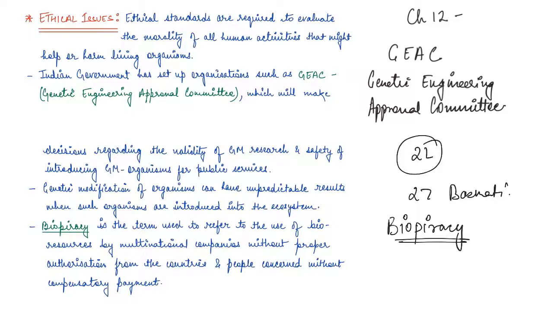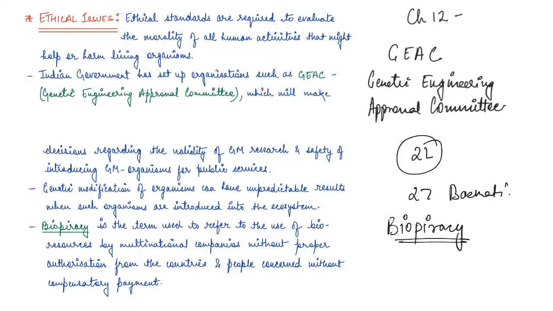Now, most of the industrialized nations are rich financially, but they are poor in biodiversity and traditional knowledge. And in contrast to this, the developing and the underdeveloped world are rich in biodiversity and traditional knowledge. Now, this traditional knowledge, guys, is related to bioresources, which can be exploited to develop modern applications.